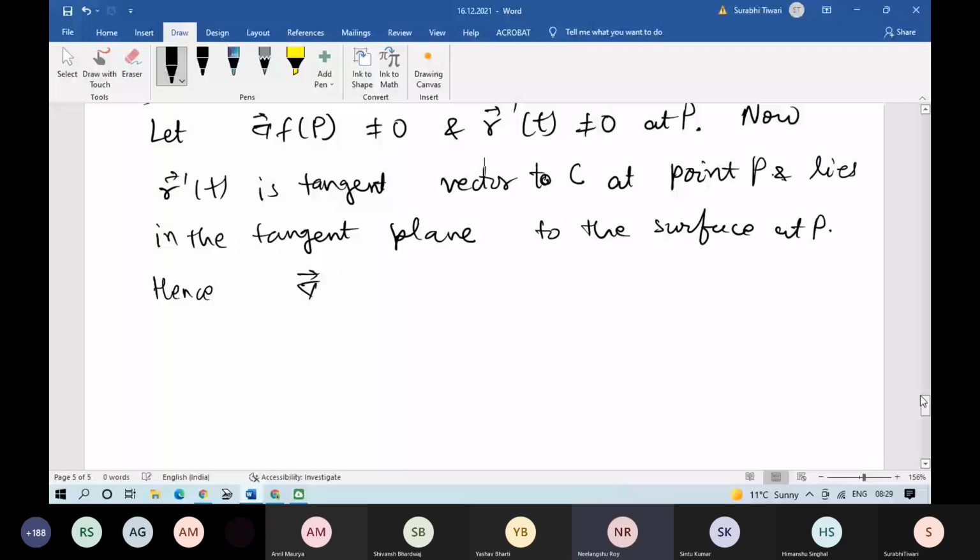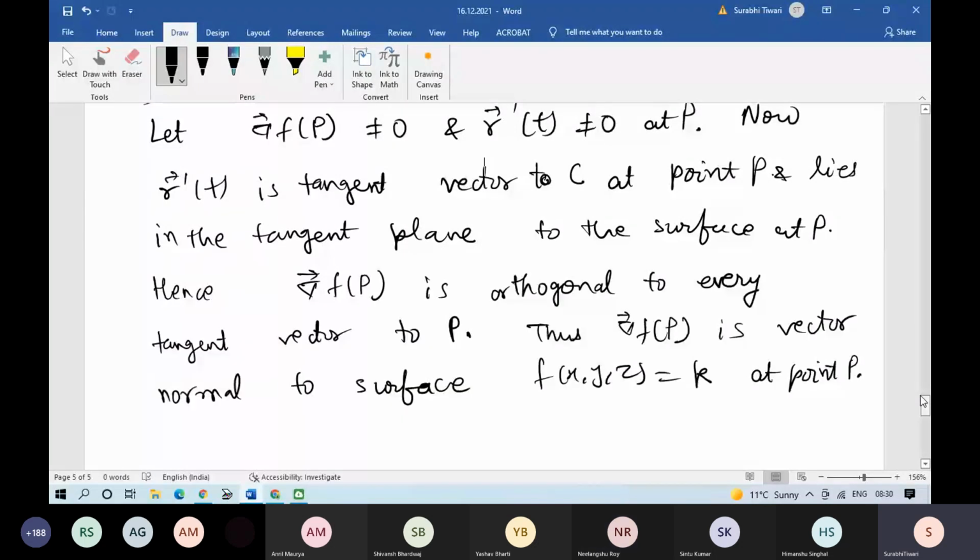Ma'am, are you writing something on the screen? Okay, ma'am, now it's visible. बोलो. No, ma'am, it's already. All right. Chalo. So write one note. Now this is the normal vector.